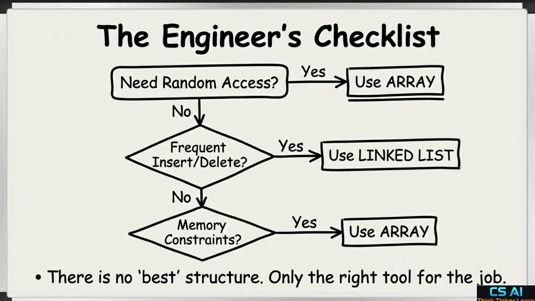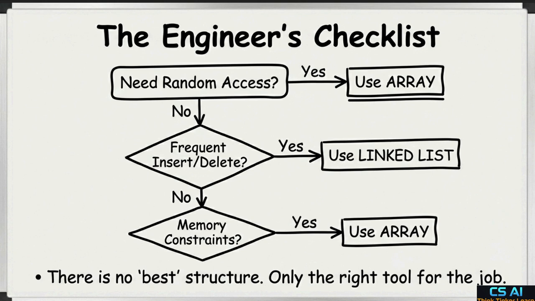To wrap up, here is the engineer's checklist for when to choose between an array and a linked list. First, ask yourself, do you need random access to elements? If yes, use an array. If no, consider the next question. Will you have frequent insertions or deletions, especially in the middle or at the head? If yes, a linked list is likely a better choice.